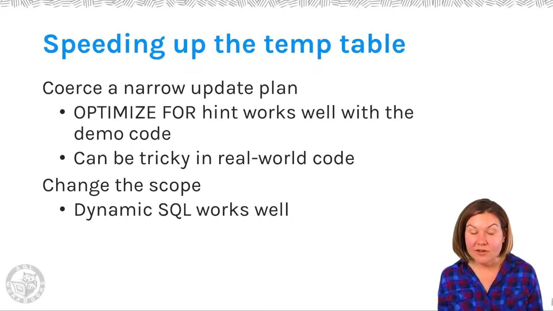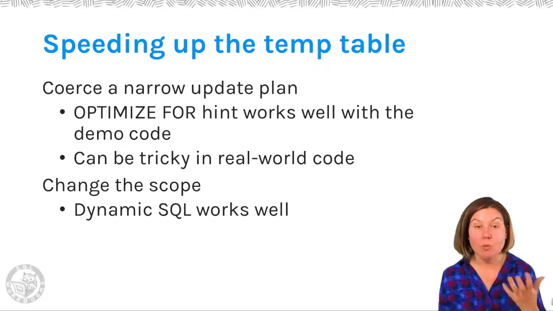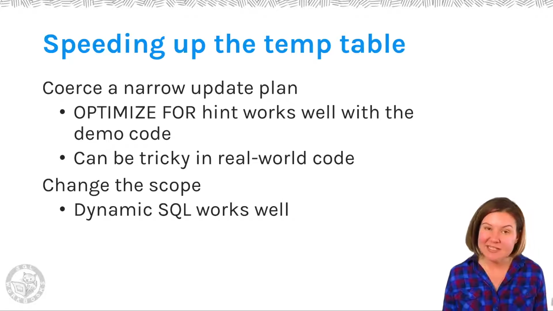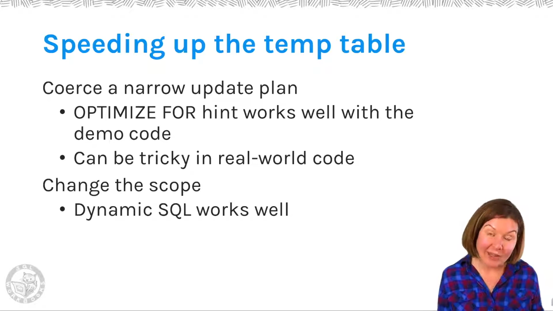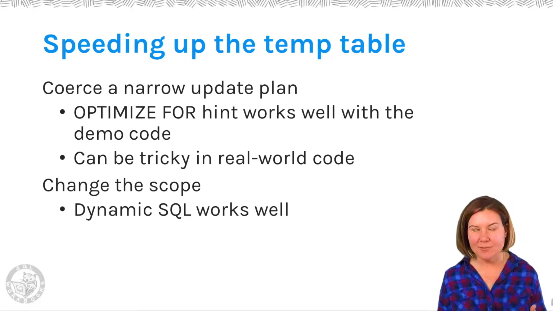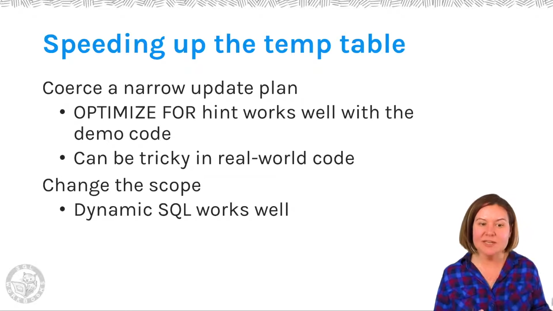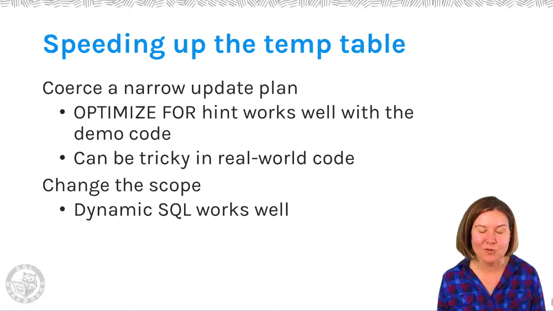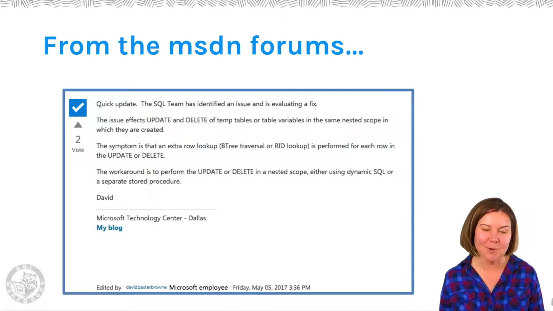Dynamic SQL to execute the update works well for us. You do have to become comfortable with using dynamic SQL. It is going to add a level of complexity to your code, of course, but generally that's going to be easier to fit in just because you don't have to figure out exactly what is the right OPTIMIZE FOR hint for this bit of code.